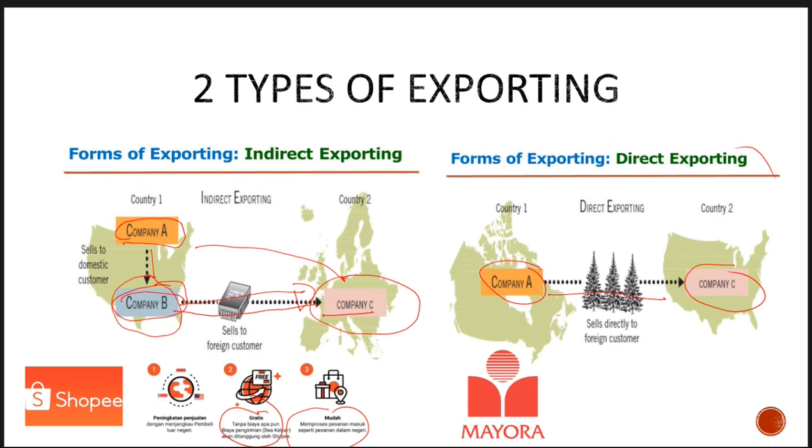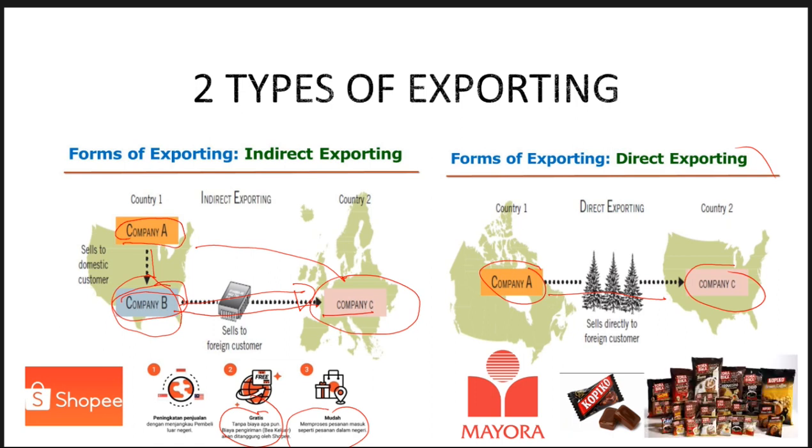Mayora in Indonesia sells their Kopiko and Torabika to Korea and many other countries around the world directly to the retailers, to the big companies in other countries apart from Indonesia. And they don't build manufacturers abroad. They manufacture the candies and the coffee in Indonesia, and then they sell them directly to other countries. So these are the two types of exporting.